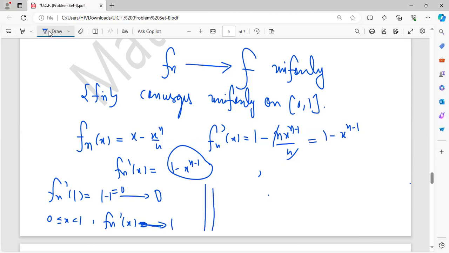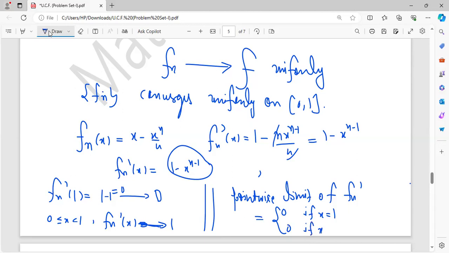So what is the pointwise limit? The limit of f1 dash is 0 if x is equal to 1, and 1 if x belongs to the interval [0, 1).